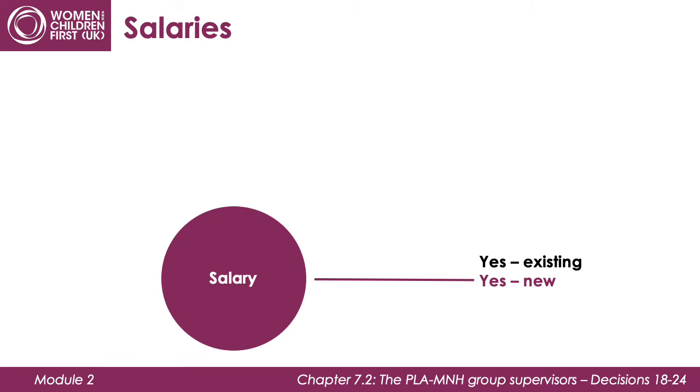For example, in our program in Freetown, Sierra Leone, our partner, the Wellbody Foundation, recruited and paid 2 full-time salaries for women's group coordinators. Each coordinator was responsible for between 22 and 23 PLA-MNH group facilitators each.